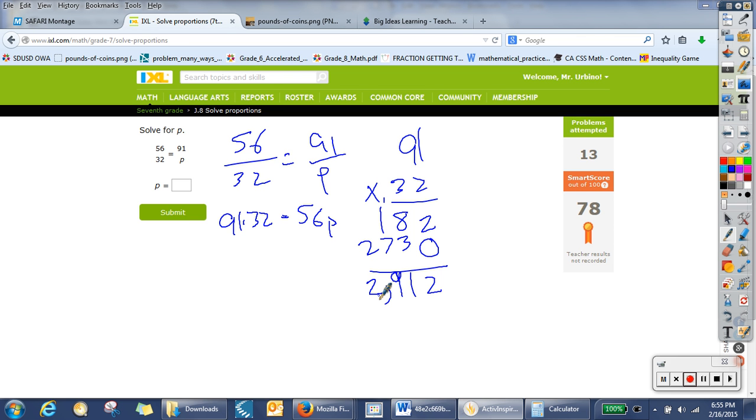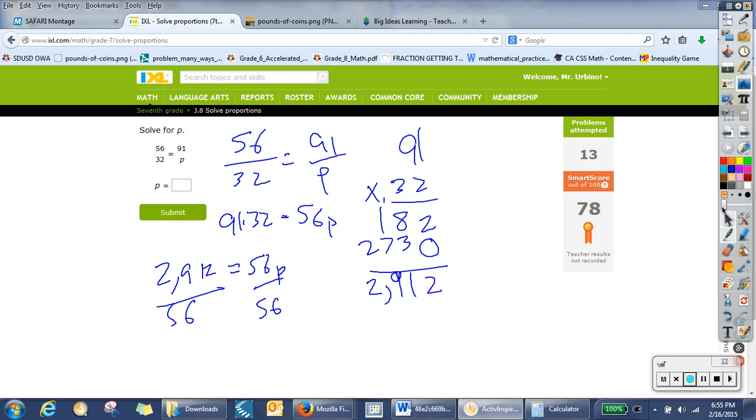So, I know that 2,912 is equal to 56 times p. Okay, so for this one, 56 times p is going to give me 2,912. So, I'll do the opposite. It's divided by 56 and 56.